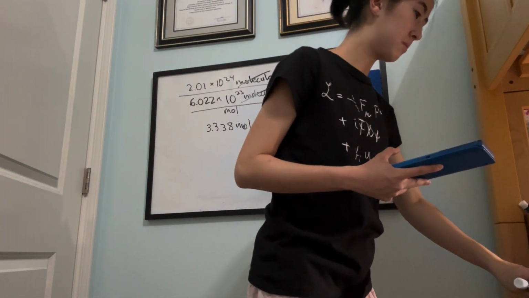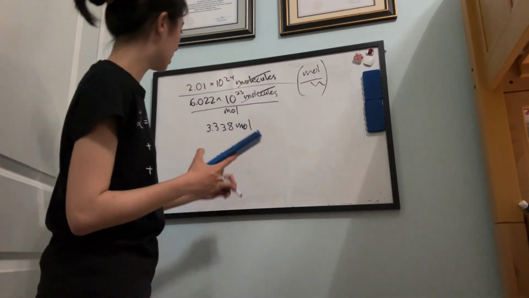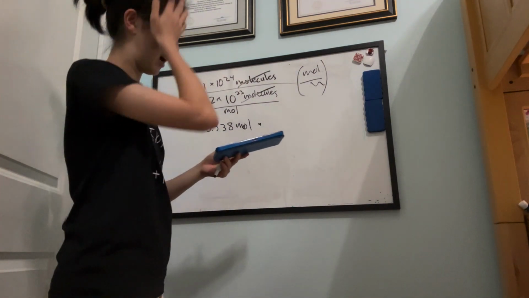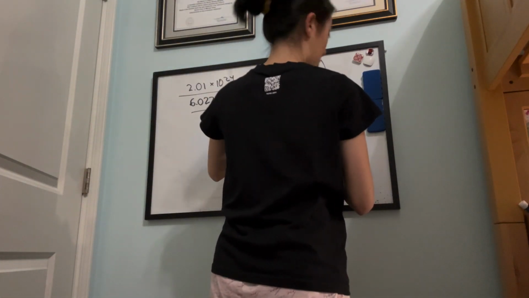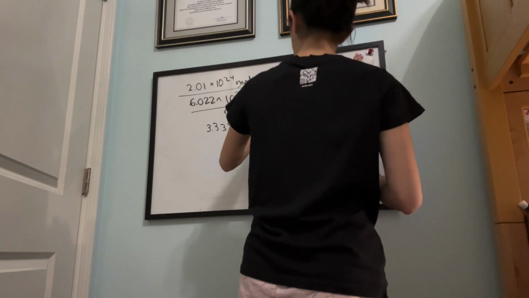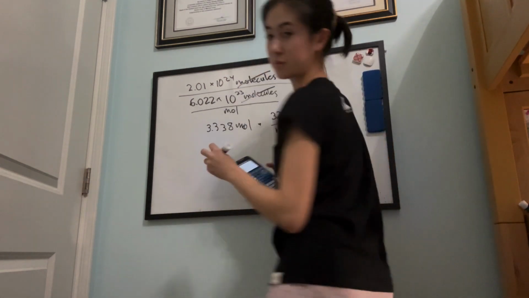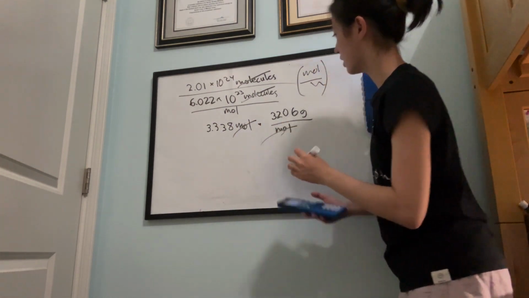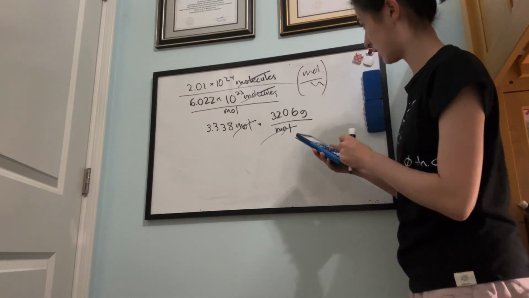And what are they asking for? They're asking for the grams. So you just take that number and multiply it by the molar mass of sulfur, which is 32.06 grams per mole. Moles cancel out, and then you multiply that. I just do that in the calculator so everything's clean.